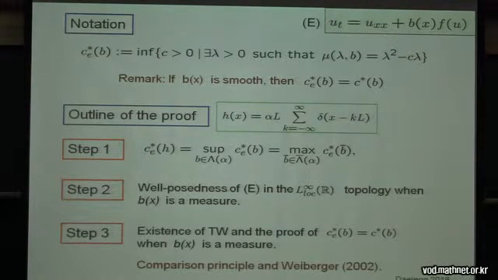So anyway, by the way, the last part, the proof of existence of traveling waves and the proof of this cannot be obtained from the result of Henri Berestycki and his group, because they studied only reaction diffusion equations with a smooth coefficient, or at least bounded coefficient.